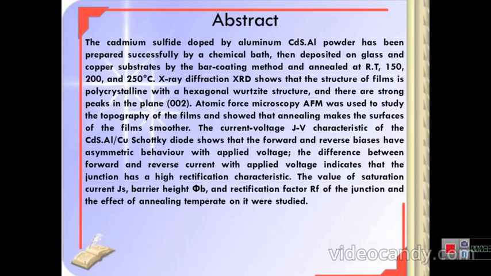To confirm the structural properties of the samples, atomic force microscopy was used to analyze the topography of the samples. After adding silver-based electrodes to each side of the film's junction, the current-voltage test was performed at the forward and reverse biases.